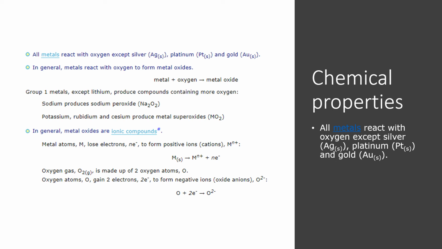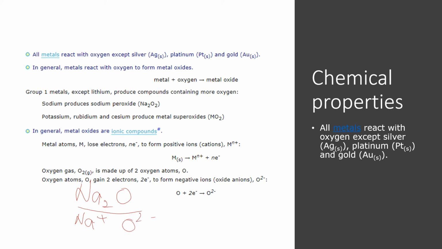So for example, you have Na2O. This compound is an ionic compound because it is composed of positively charged ion Na plus and negatively charged ion O 2 minus.